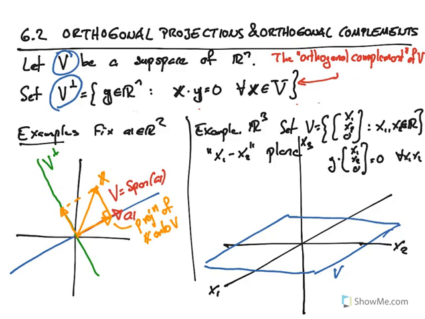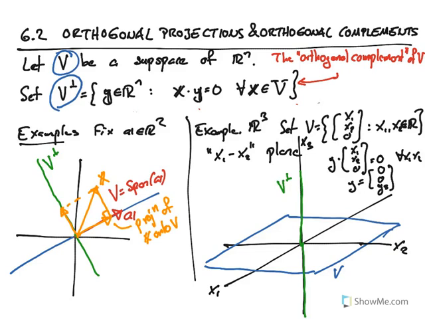Then it must be the case that y takes this form, its first two entries have to be 0. So V perp in this case is simply the x3 axis.